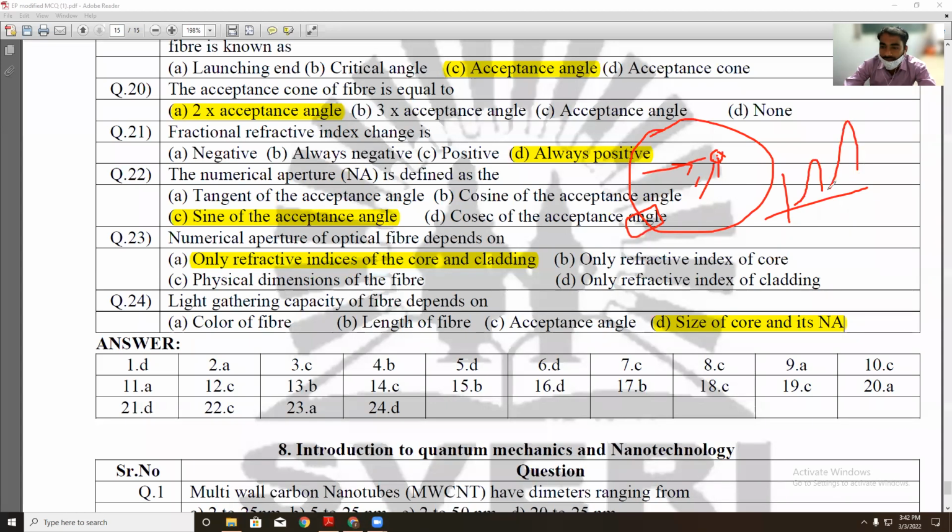Yes, we will discuss that Davisson-Germer experiment. In the second part, in nanotechnology, we will discuss the different types of carbon nanotubes.